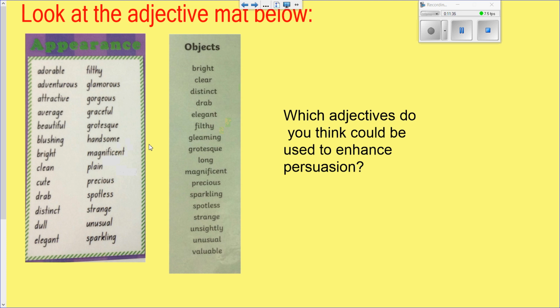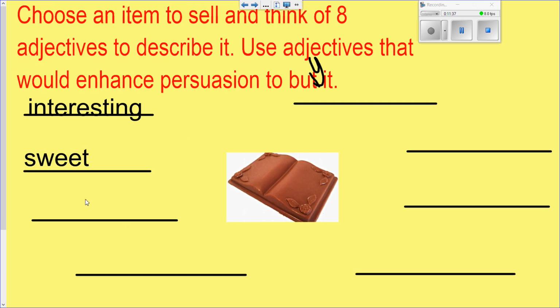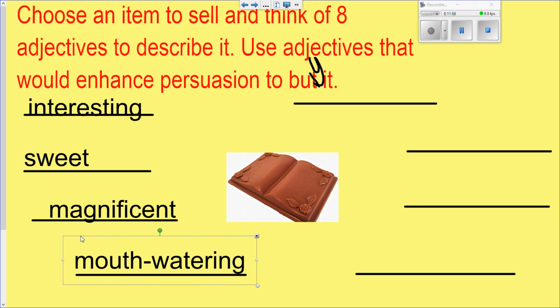I liked magnificent there, so I'm going to use that as one of them. Magnificent. There's 3. Oh, it's really yummy. And I'm going to use a word here: mouth-watering, because it's so tasty.